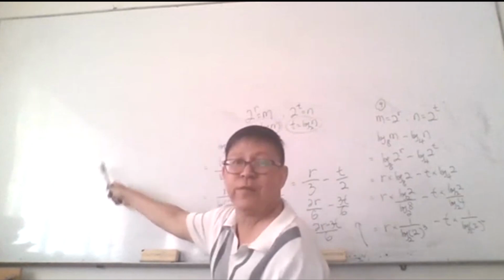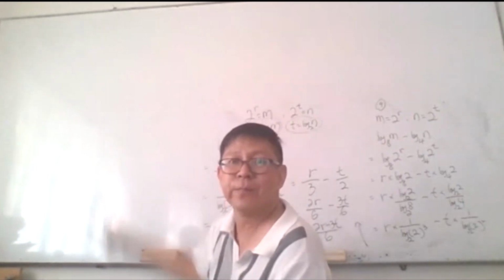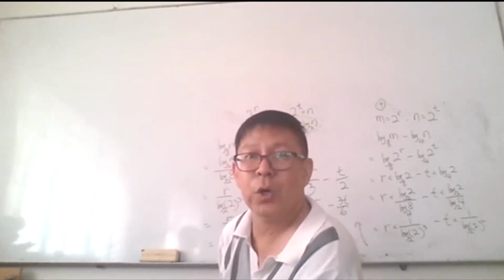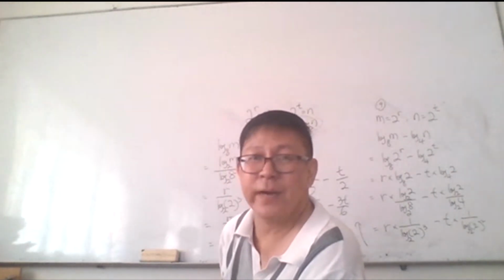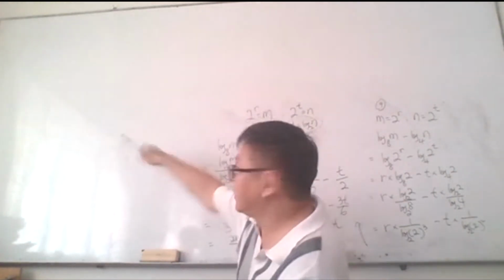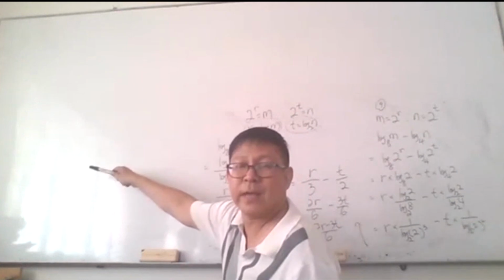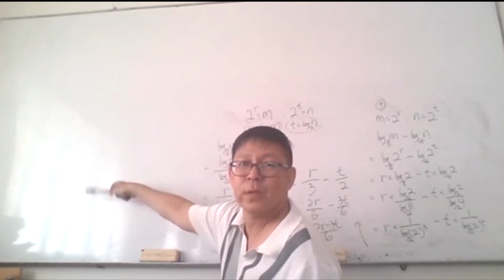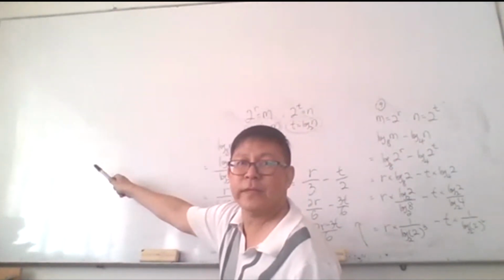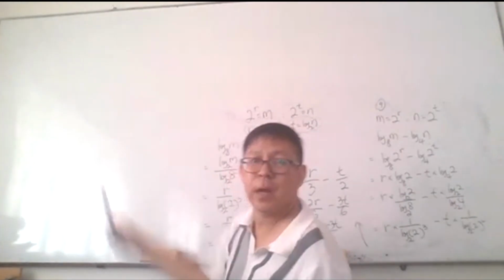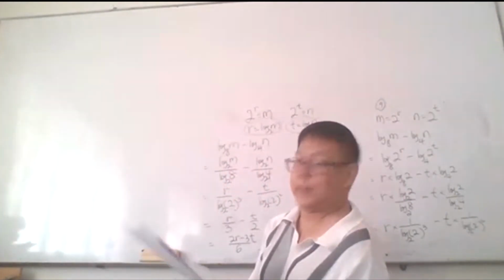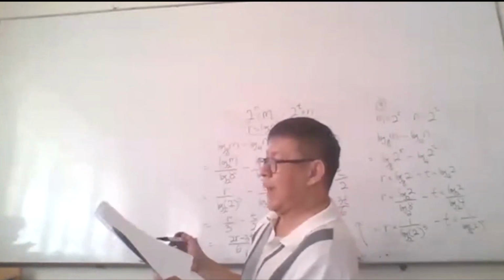Any lighting reflection? Can I write here? Hello? Yes. Cannot see, right? Can you see over this side? Can see. Okay, if you can see, then I can write that. Thank you.